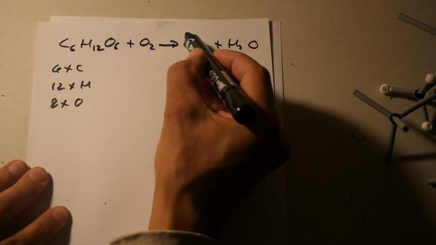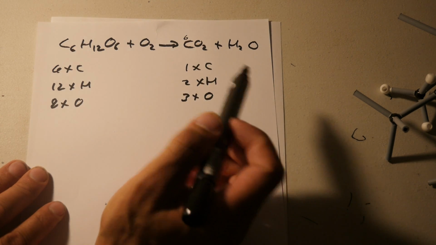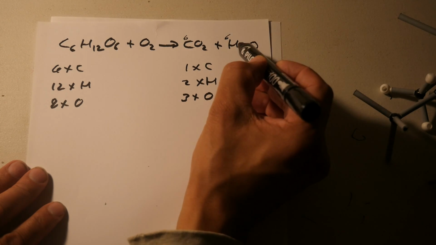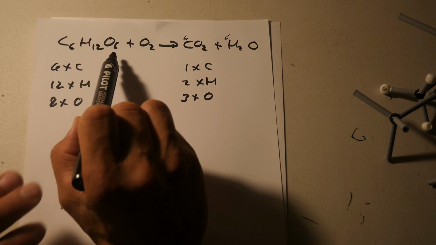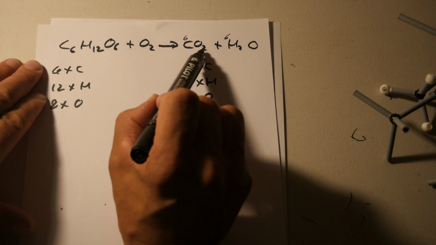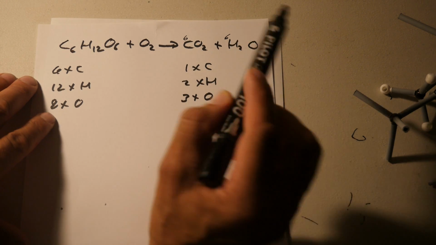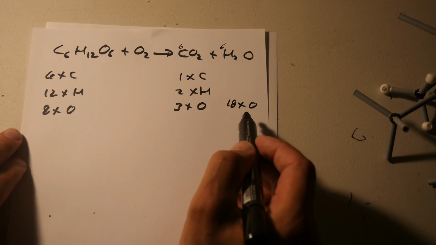You could put a 6 in front of there, which would make that 6 become 6. That's 12. So you could put a 6 there. 6 times 2 is 12. Okay? There's a total of 6 times 2 is 12 plus 18 oxygen here. Okay? This has got 18 times oxygen now.